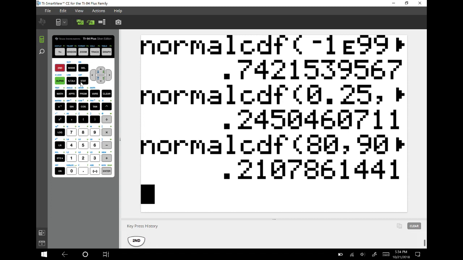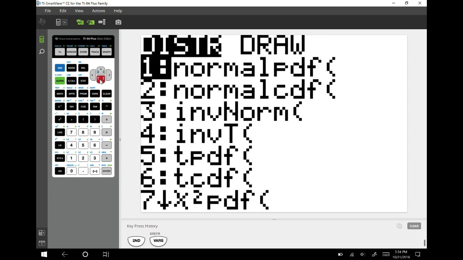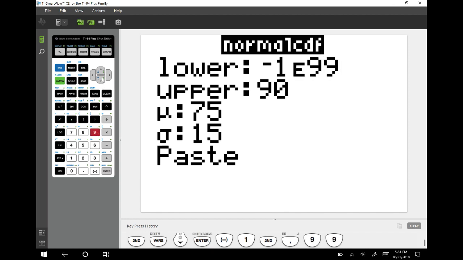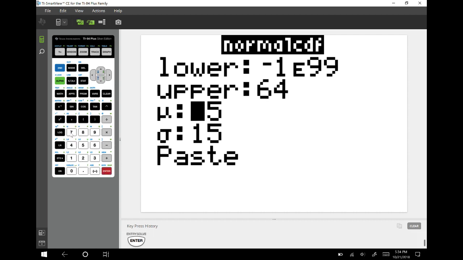Okay. Second vars, normal CDF. Let's see, our lower bound is -1E99. Upper bound is 64, with a mean of 72, I believe, and the standard deviation was 4.5.